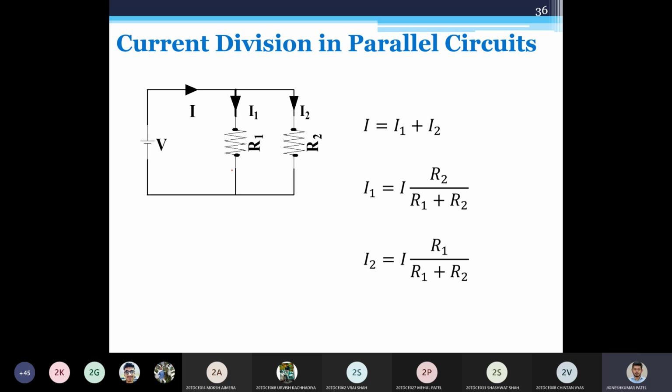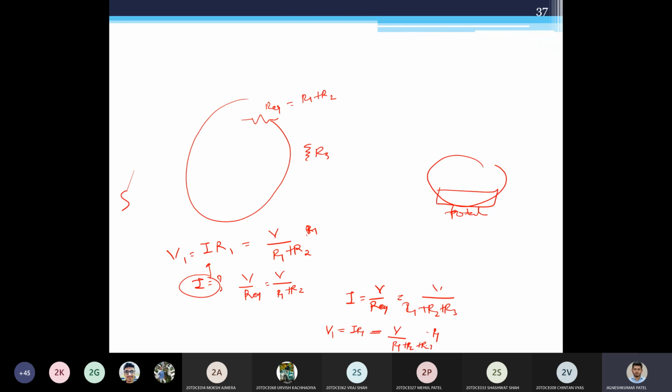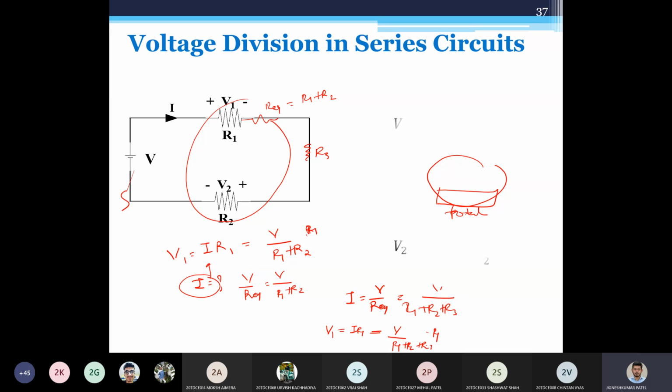You can do the same analysis here and you will get the same equation. If there are more branches, you can go ahead with more currents, like finding the current in 3 branches or 4 branches. It is possible with that as well.